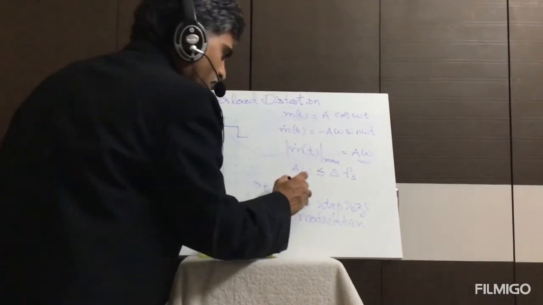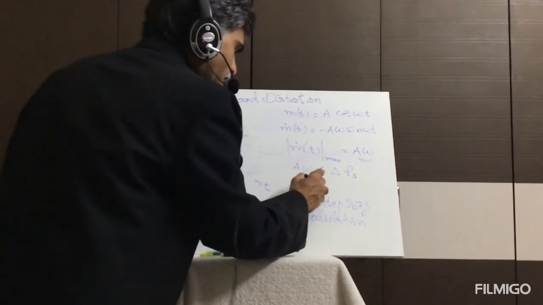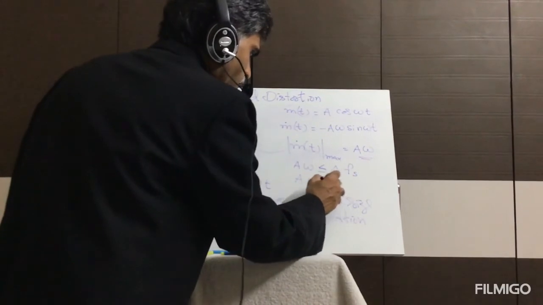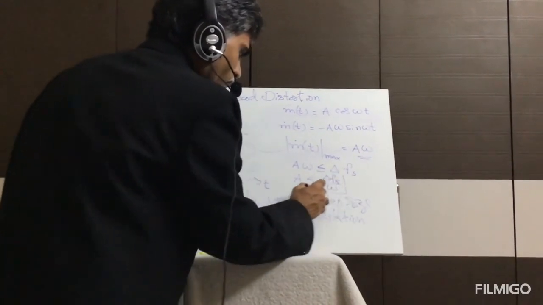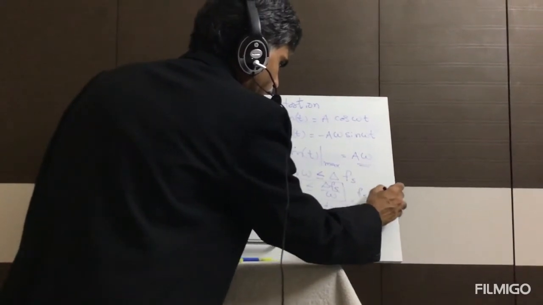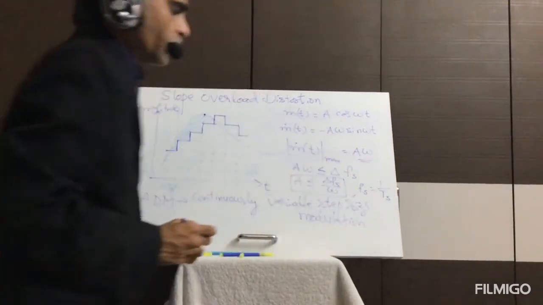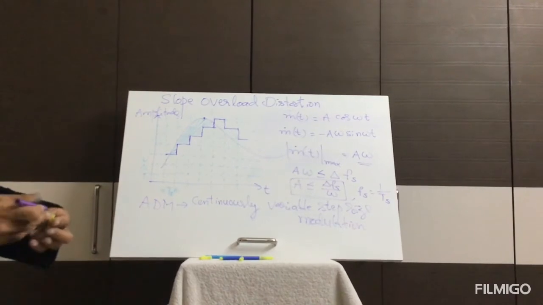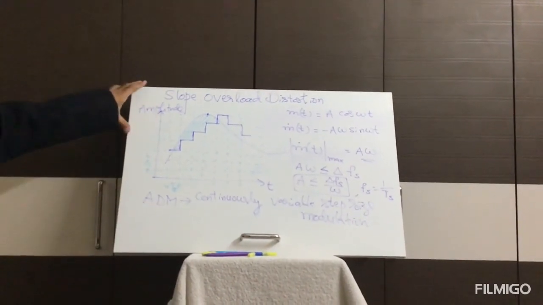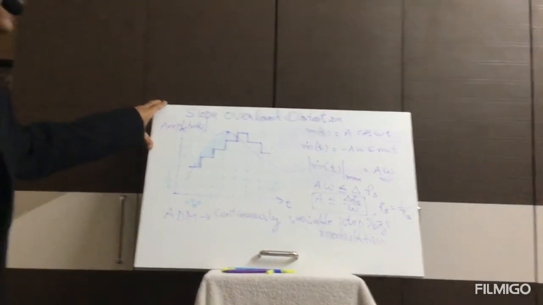From this, the maximum amplitude A must be less than or equal to delta fs by omega, where fs is equal to 1 by Ts. So this is one remedy to overcome this slope overload distortion in the delta modulator.